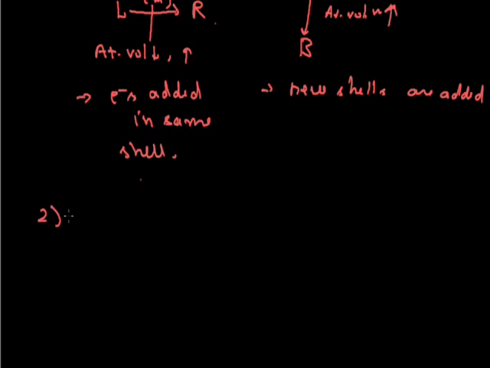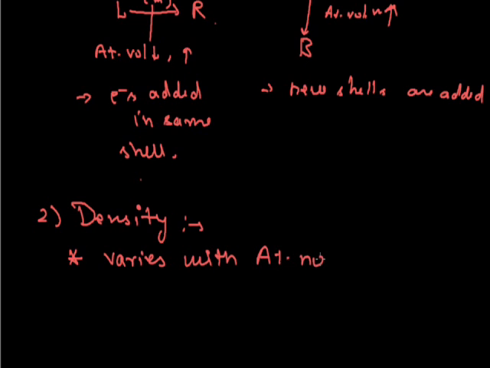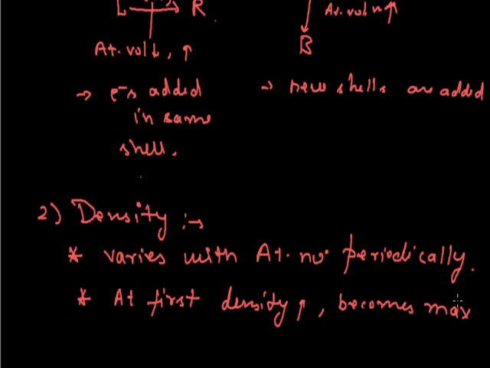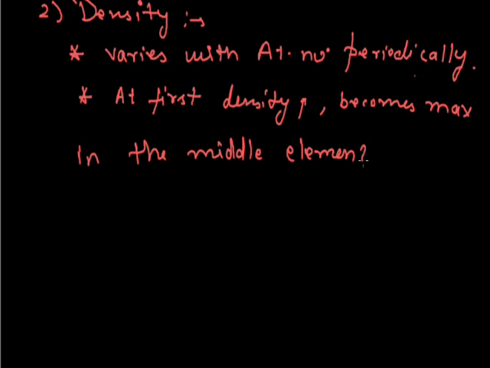Second property which we will be discussing is density. It varies with atomic number periodically. At first, in a period, density increases, becomes maximum in the middle element, and then decreases.